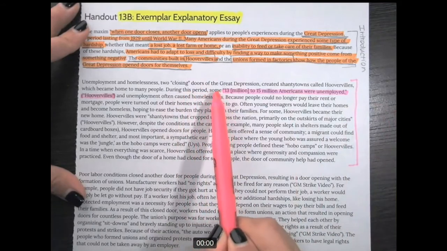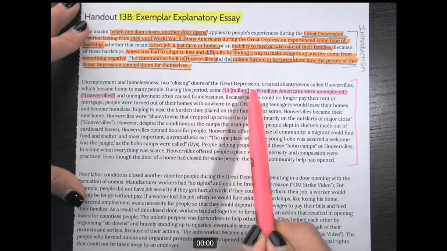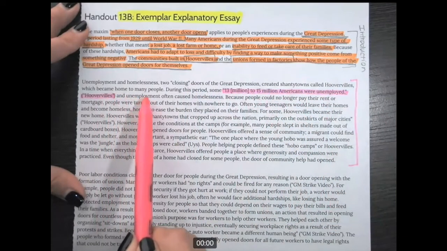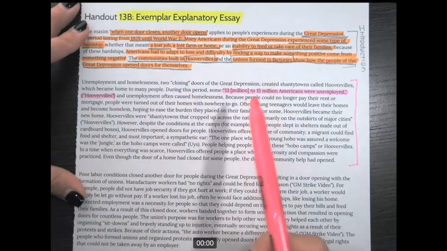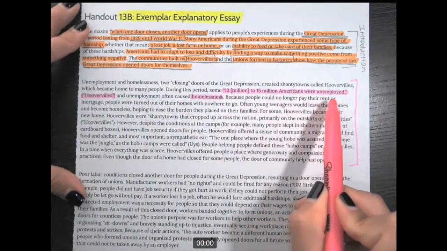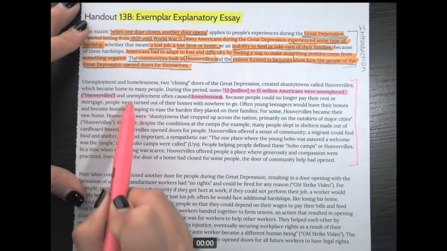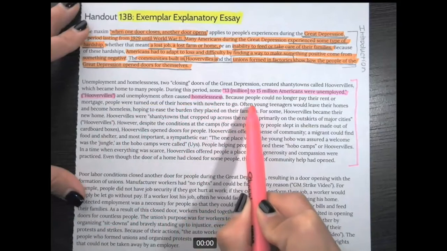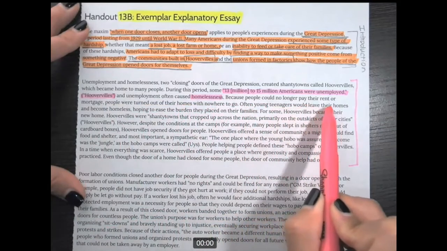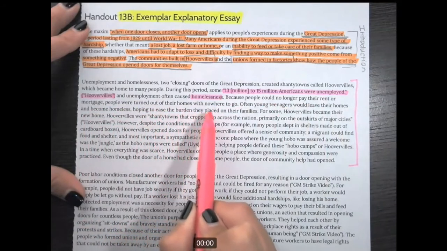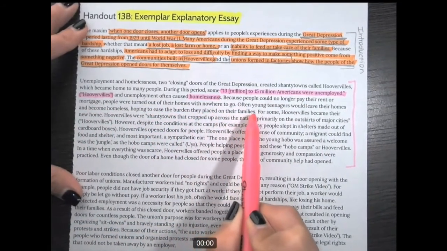During this period, some 13 million to 15 million Americans were unemployed, and unemployment often caused homelessness. Because people could no longer pay their rent or mortgage, people were turned out of their homes with nowhere to go. Often, young teenagers would leave their homes and become homeless, hoping to ease the burden they placed on their families.